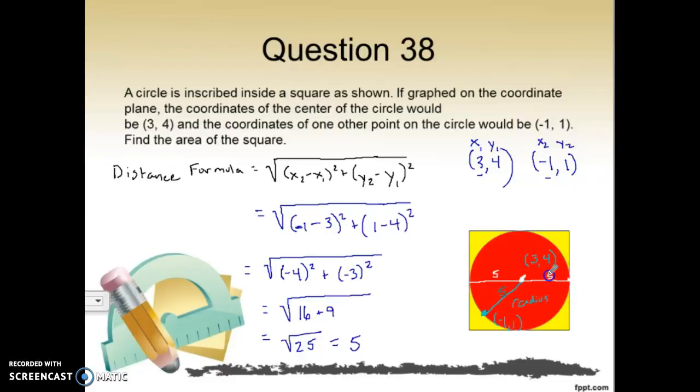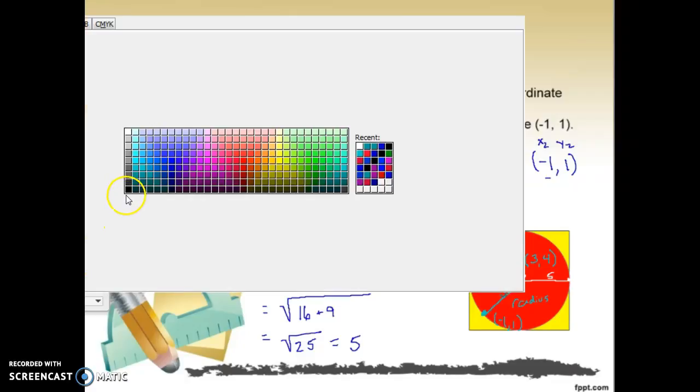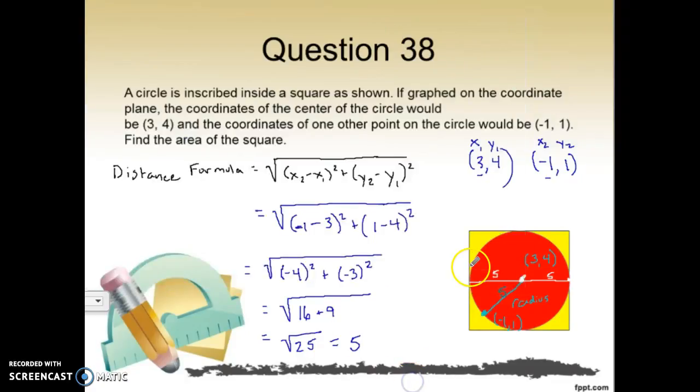Well, that would be 5 also. So what does that make the length of that side of my square? If it goes from this point to this point, the length of that side is going to be 10. And of course, we know that squares have all sides equal, so this side will be 10, this side will be 10, this side will be 10.